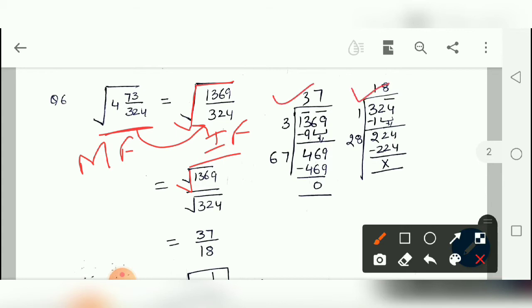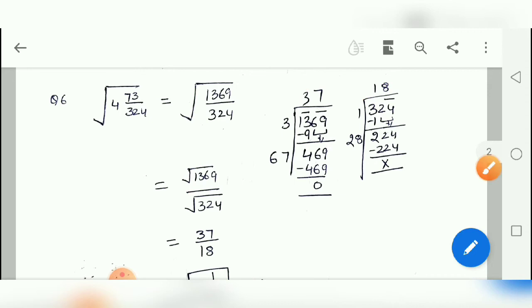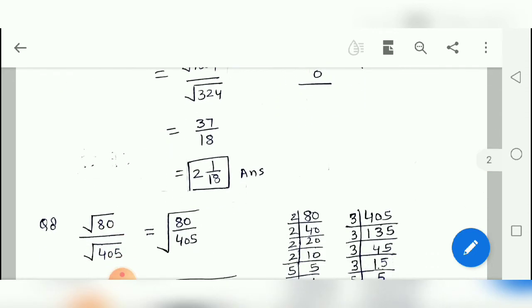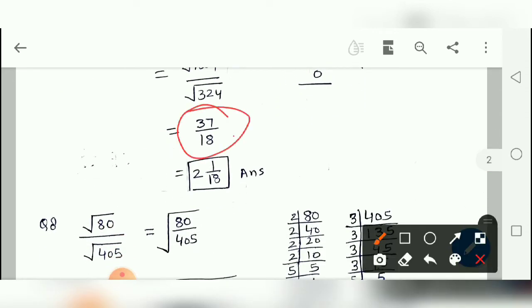Here I have done the long division method. You can do the prime factorization method also. Whichever method you are comfortable with, you can adopt. The under root of 1369 would be 37 and under root of 324 is 18, and as this is an improper fraction, we will convert it into a mixed fraction.